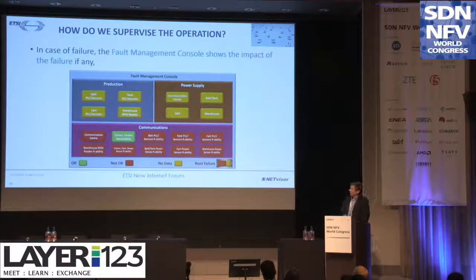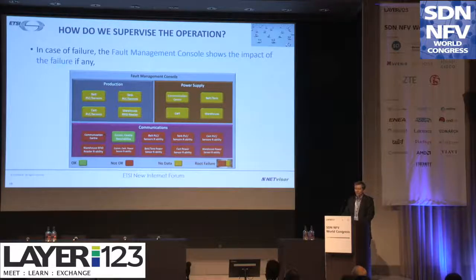In case of failure, the fault management console shows the impact of the failure, if there is any. How? We can see that some of the boxes are colored in red. Red means there is a failure, there is an error with that box or that component. And yellow means that we have no real information, no real data about the status of the component.